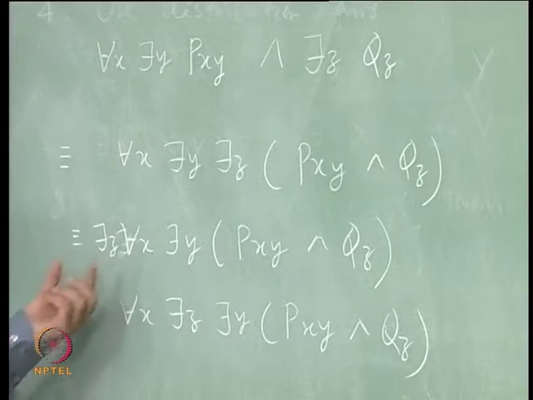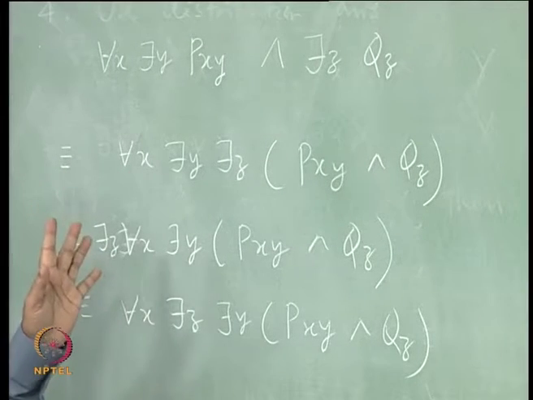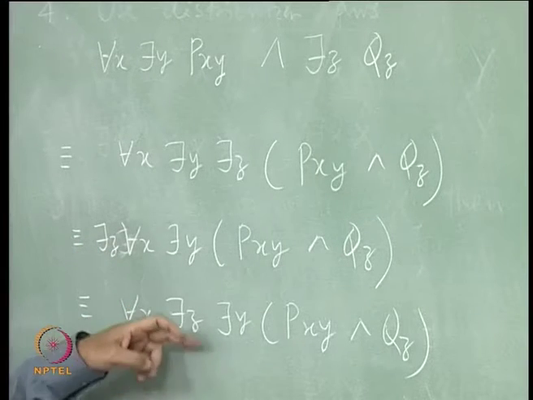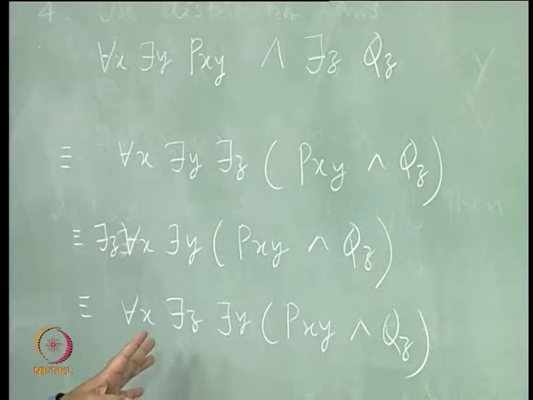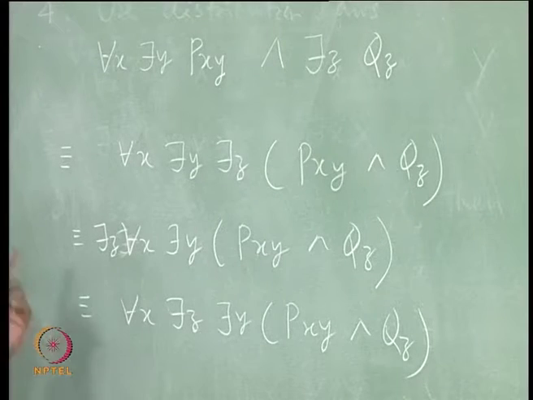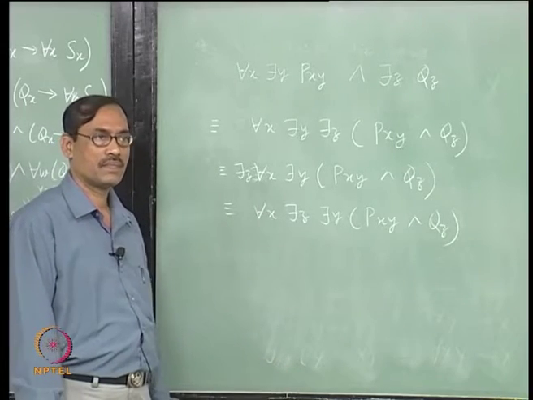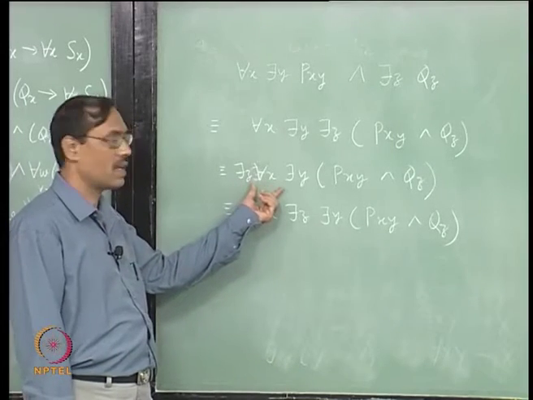right. But ∀x ∃y will be together in that order, not necessarily together, ∃z can come in between. That ordering is important. You cannot write ∃y ∀x, right, that will never happen. First ∀x will come, next ∃y will come in some order, but it does not matter for z. Now, can you read this? What does it say?